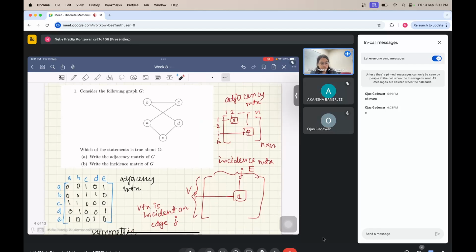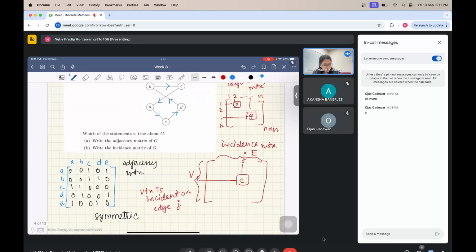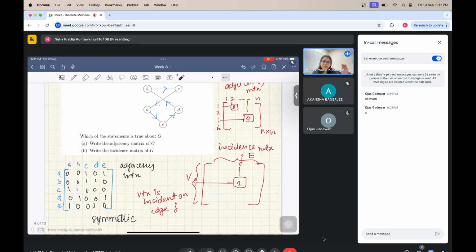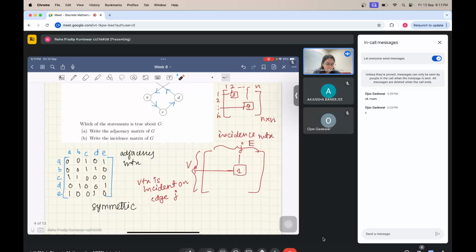But if I add directions to it, then how do the values change? For example, A to E would be 1 because there is an edge that goes from A to E, but E to A would be 0 because there is no edge that takes you from E to A. So that will no longer be symmetric.